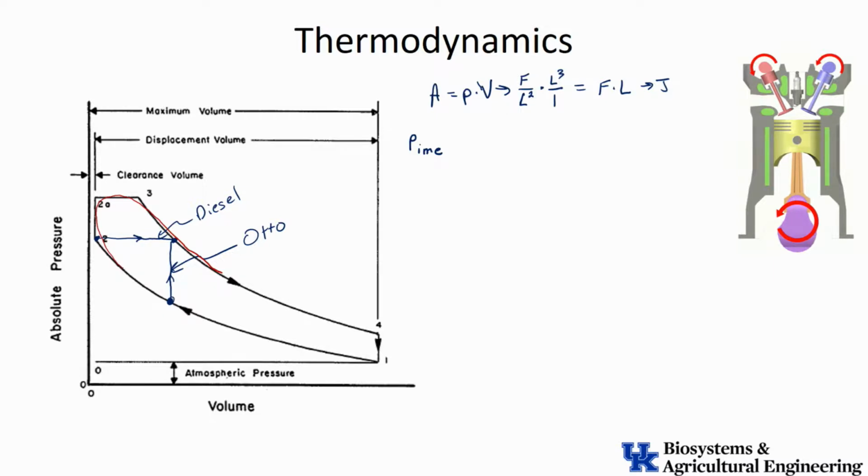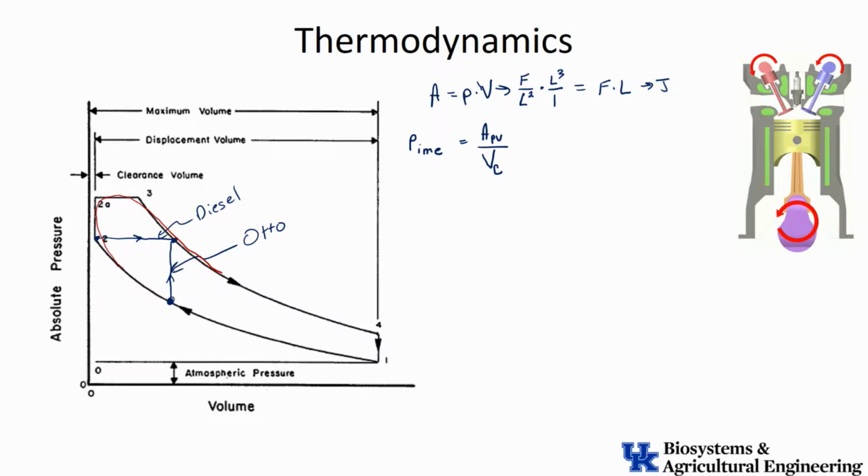And that can be calculated from the PV diagram as the area under the PV diagram, so I'll say area sub PV, so that's the area between those two curves, divided by the volume of the cylinder, so V sub C, the displacement, if you will, of that cylinder there. And that gives us the pressure, the indicated mean effective pressure.